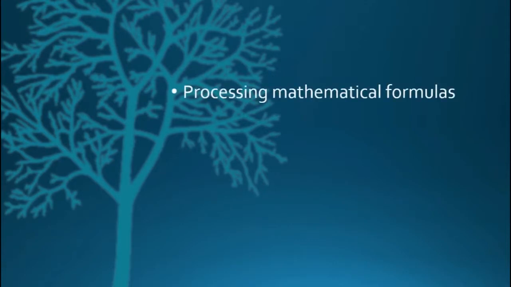The tree finds a lot of uses in computer science and in algorithm design. For example, putting together mathematical formulas by putting different elements of, say, algebraic notation together in order to process that formula properly.